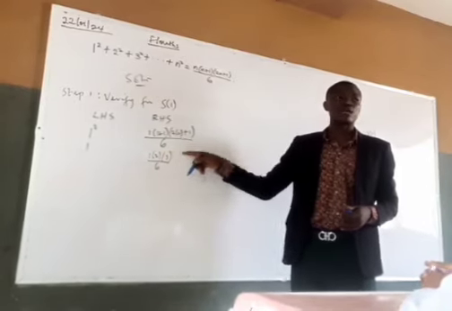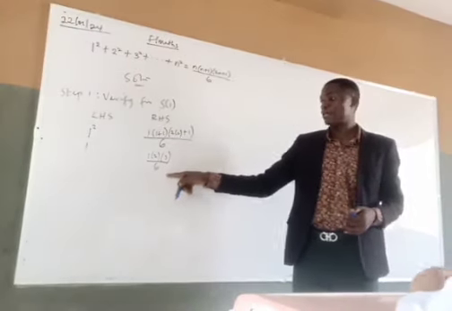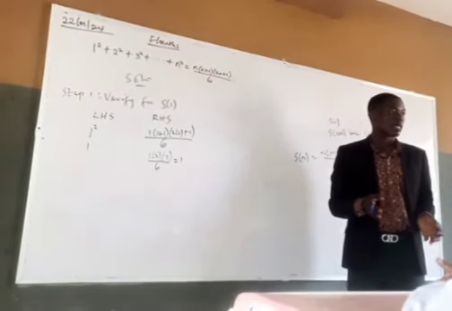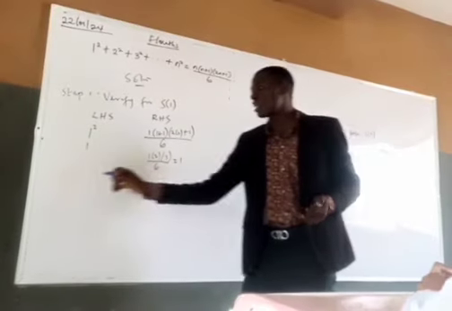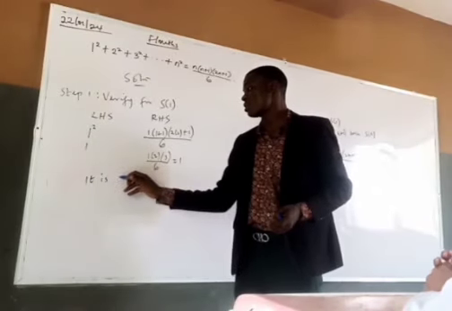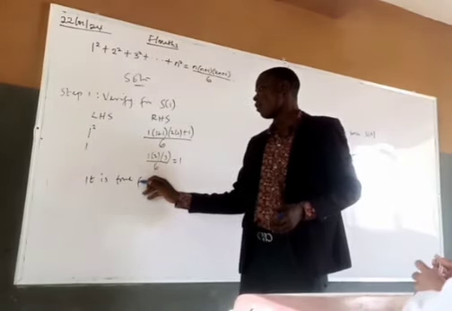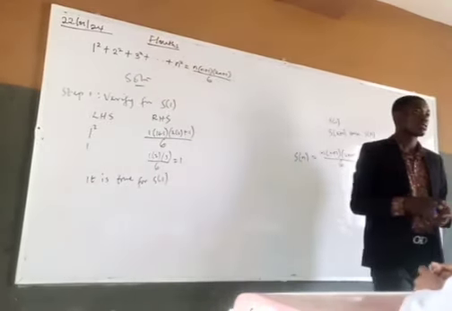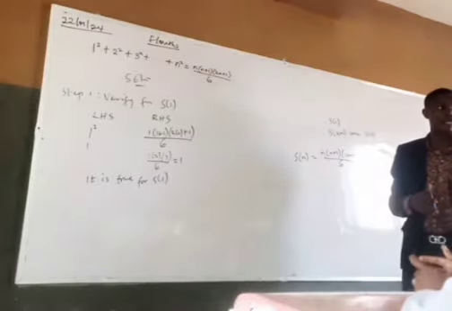So 1 times 2 times 3 is 6, over 6. 6 divided by 6 is 1. So the right-hand side gave us 1, and we can conclude that it is true for S of 1. That is the first step.